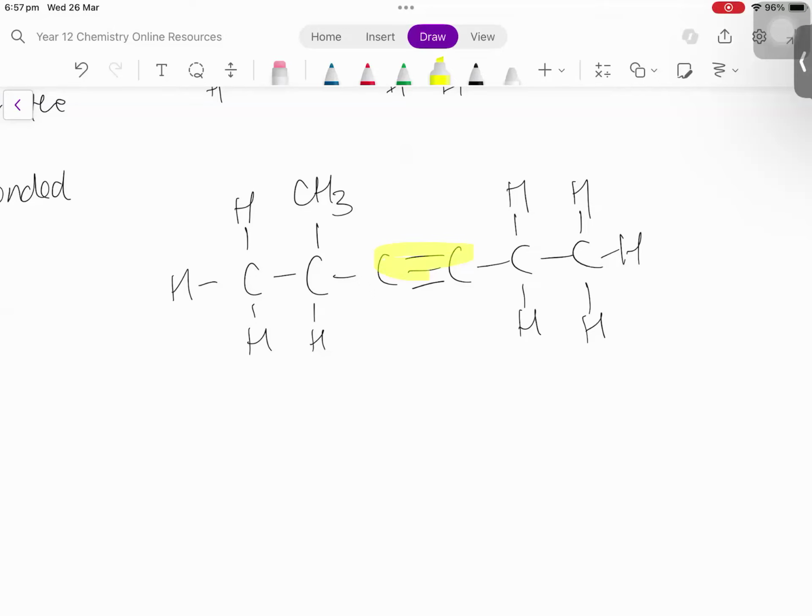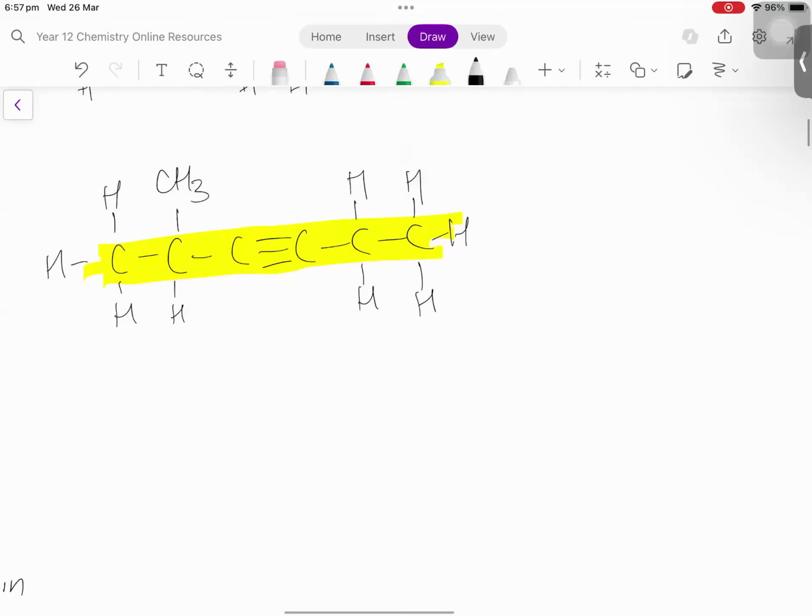Okay, so you've identified this. Whichever way you go about counting your carbons, it has to include this main functional group, which is the triple bond. And the longest one you see is 6 going across. What is your prefix for 6? Hex. Now, this is a triple bond, which is an alkyne.